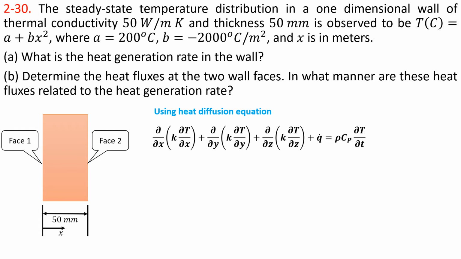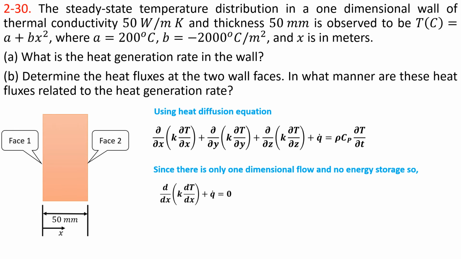It is mentioned in the problem statement that the temperature distribution is steady state. It means there is no change of temperature with respect to time. So the right hand side term will be 0.